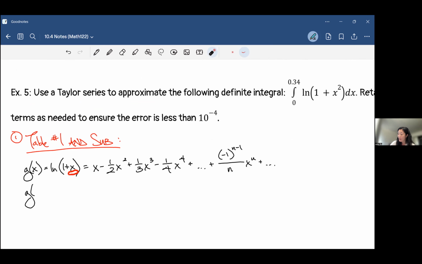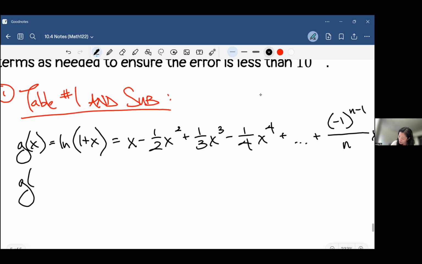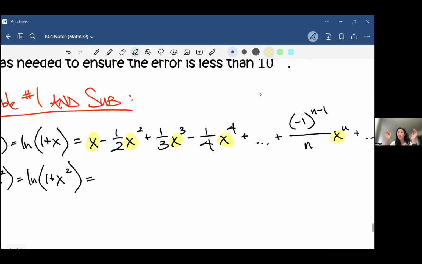So if I swap out x for x squared, I'm going to get the function I'm interested in. So let's make that substitution. G of x squared equals natural log of 1 plus x squared. That means that everywhere there's an x, I'm going to want to stick some parentheses, and inside the parentheses, I'm going to put x squared.